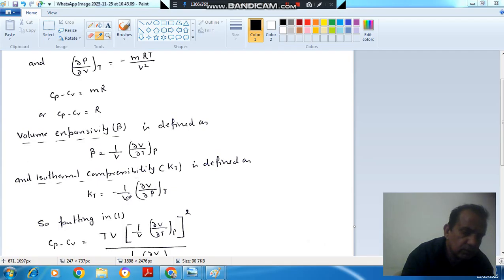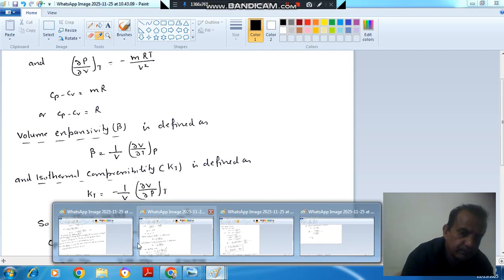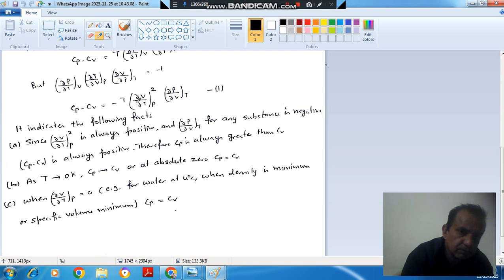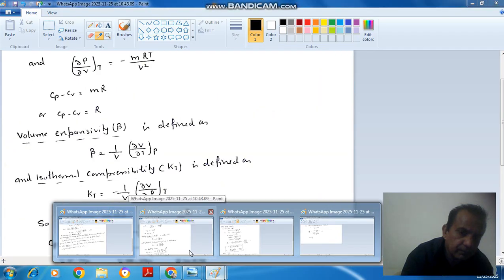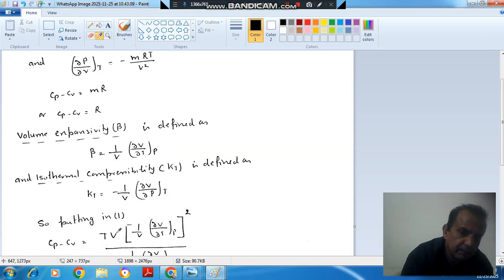Now we can use these two terms in equation number 1. So we can modify this. We multiply and divide by V, and one more we will give V squared. (∂V/∂T) here is already there at constant pressure.